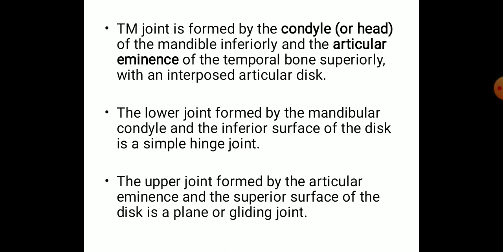The lower joint is formed by the mandibular condyle and the inferior surface of the disc, and it is a simple hinge joint. The upper joint is formed by the articular eminence and the superior surface of the disc, and it's a plane or gliding joint.